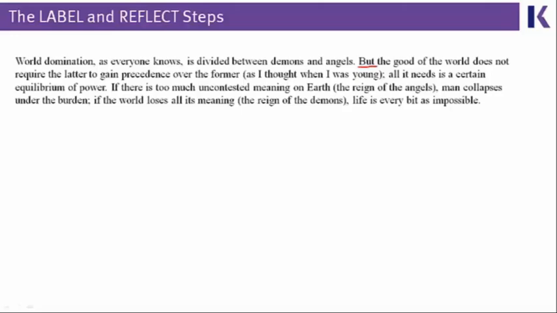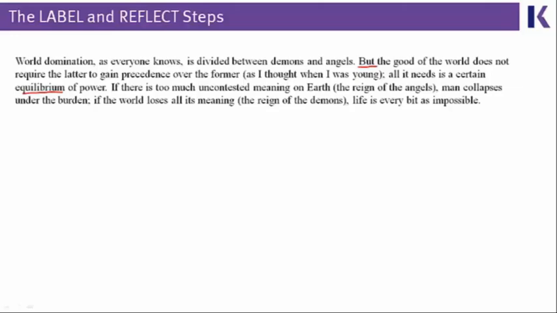The paragraph reads, "All it needs is a certain equilibrium of power." Now this word equilibrium is that word that we're looking for. It explains the difference that we knew was coming because we saw the difference keyword. The author further goes on to say, "If there is too much uncontested meaning on earth, the reign of the angels, man collapses under the burden. If the world loses all its meaning, the reign of the demons, life is every bit as impossible."